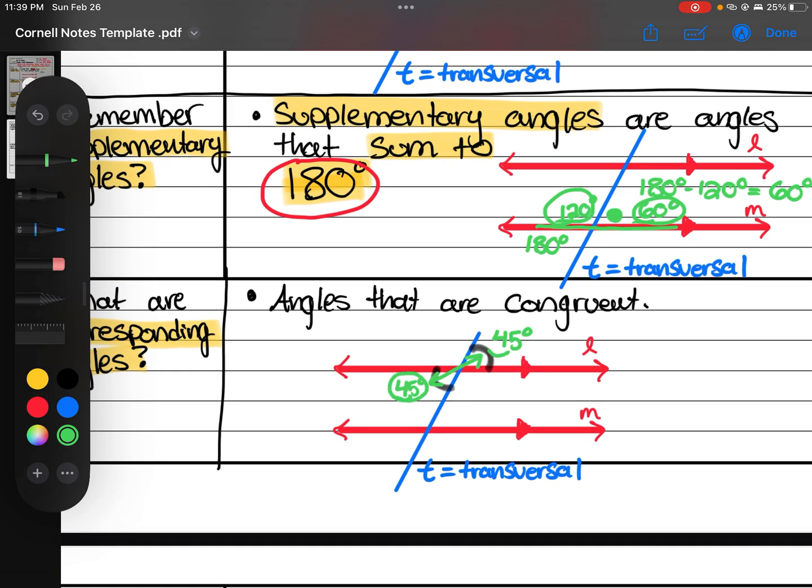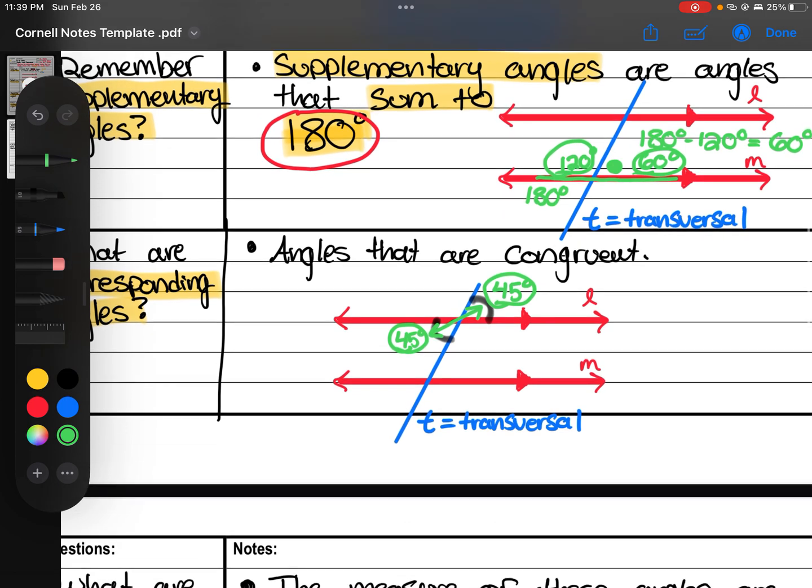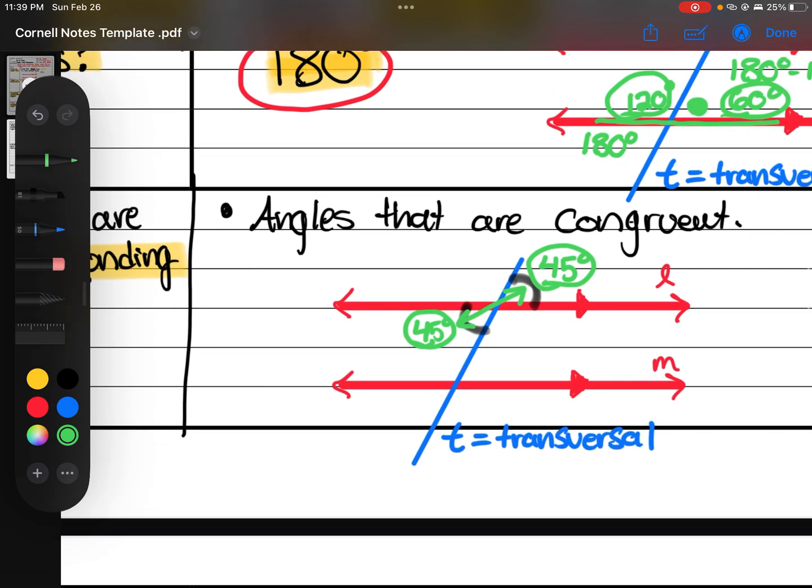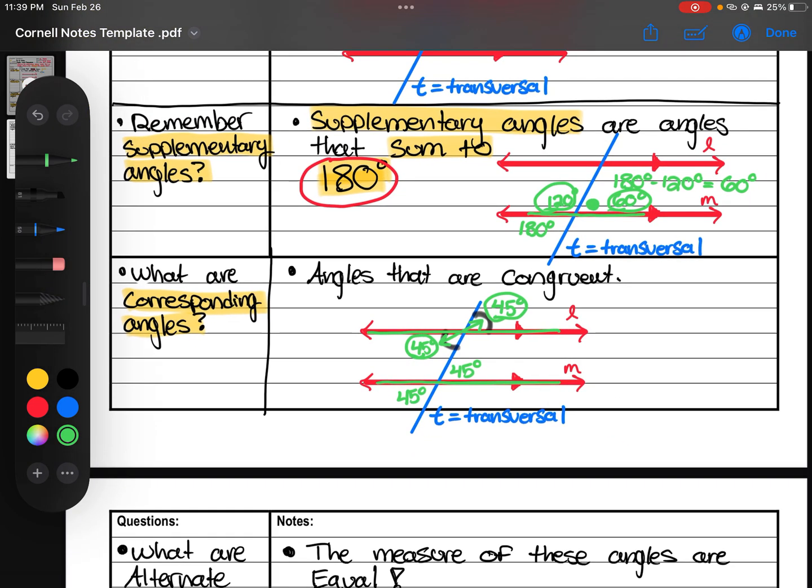This angle corresponds with this angle. Something interesting here that we have is because we have two parallel lines, these are also going to be of the same measure if they were 45. So just something to take note of. We're going to talk about that a little bit more as we move down through the notes.